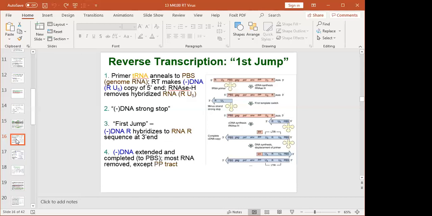Once it gets to PBS, the majority of the previous RNA, which is actually U3 and R region, will be degraded by RT. All that is left from the 3' end of the viral RNA genome is the PP region. ¿Está bien?